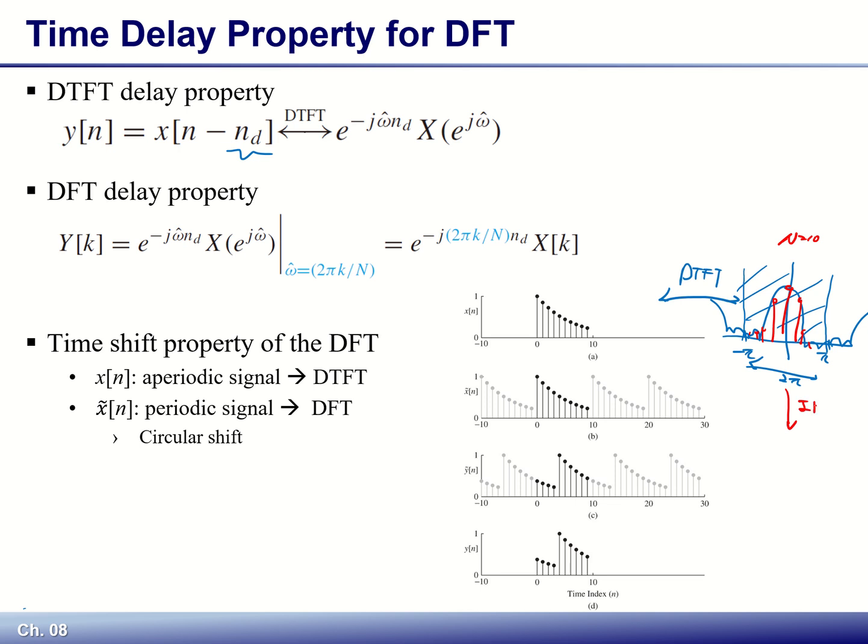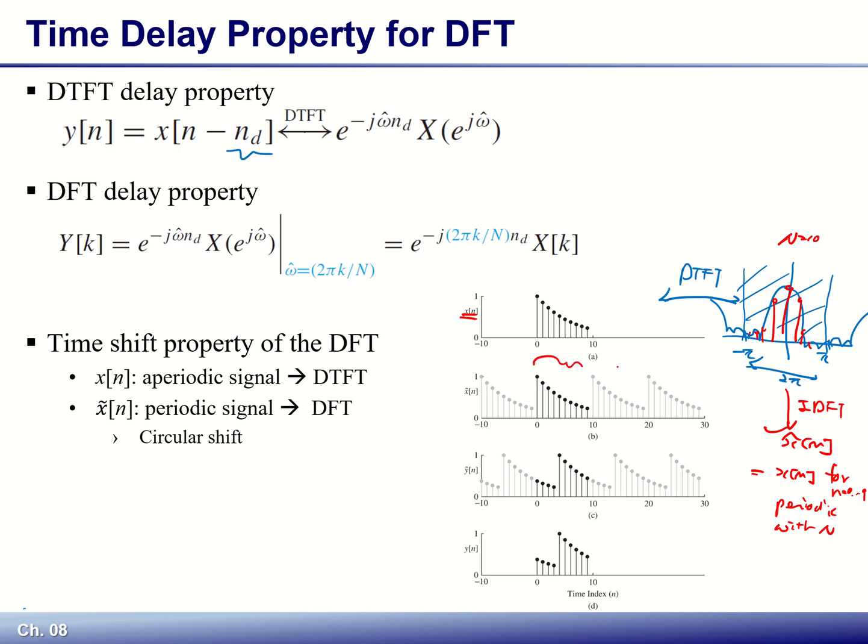the inverse DFT, IDFT, will be periodic with N, x tilde[n], which is x[n] for n from 0 to 9, and it will also be periodic with N. So the original signal has these 10 samples, and after the DFT and inverse DFT it will be periodic.